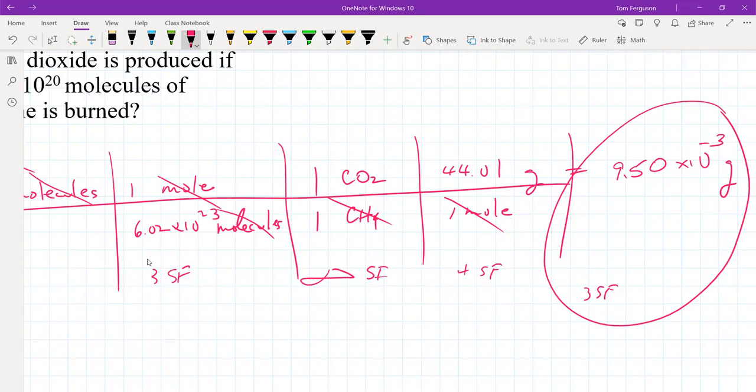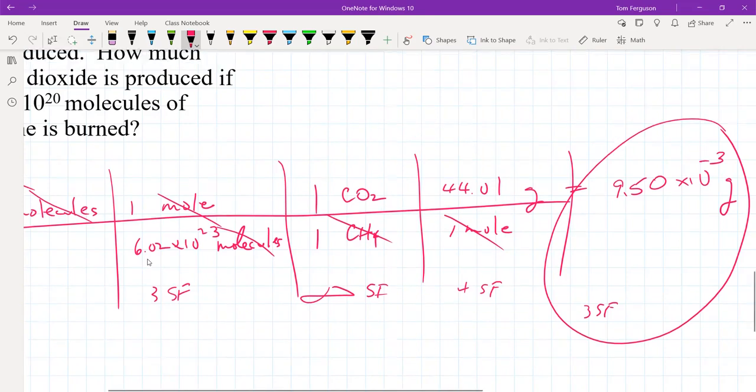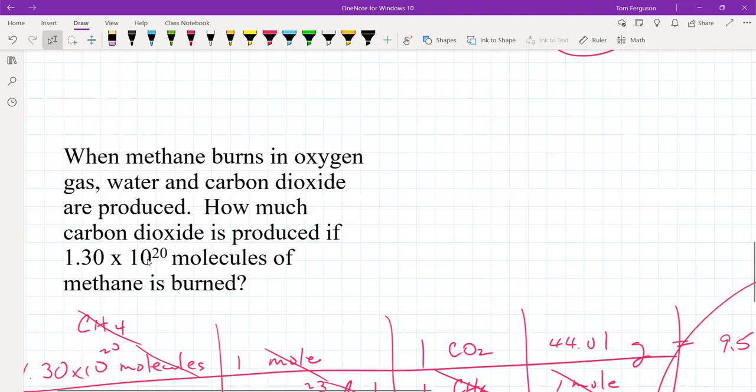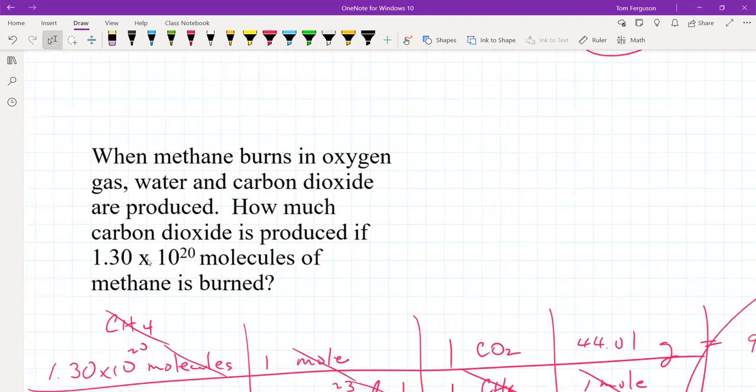Okay, so this is a very simplistic problem. Now, the best way to word this problem is a little different than the way I have it worded here. They need to use the word excess.